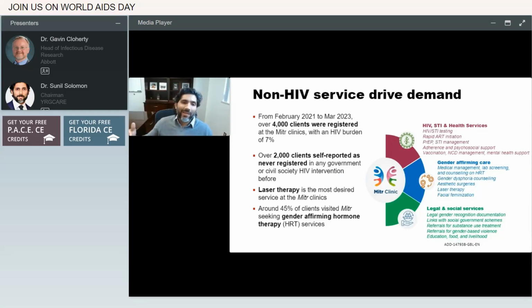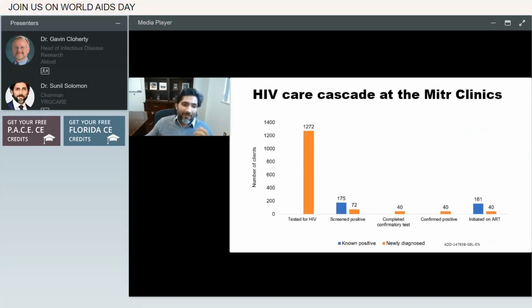So when people were waiting for their laser hair removal, we asked them, do you want to be screened for HIV? Do you want to be screened for STIs? And we were able to identify new people. So about 10 to 15% of the people who were coming were either known positive or diagnosed as positive, and almost everyone was initiated on antiretroviral therapy once they came into these clinics.